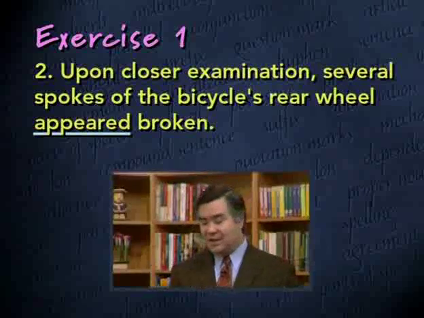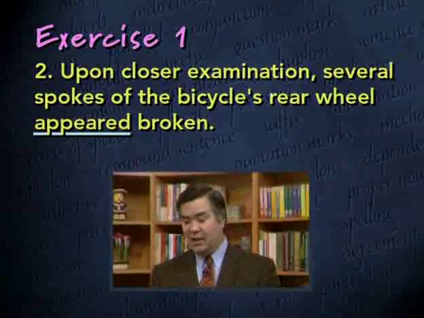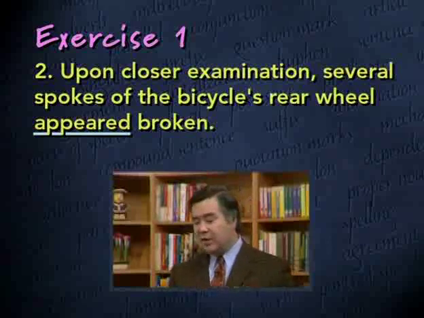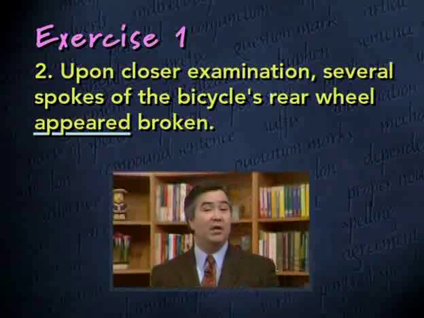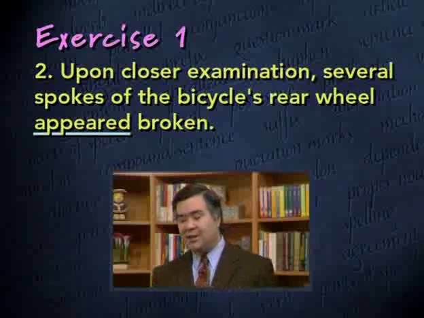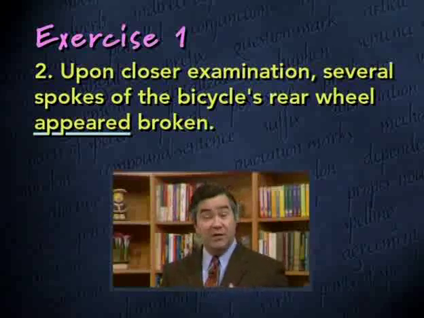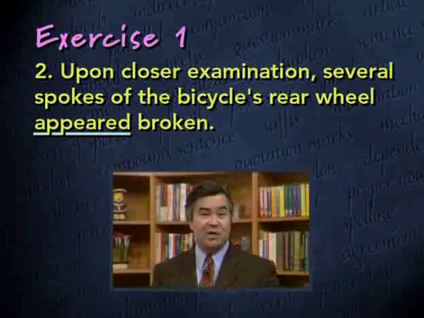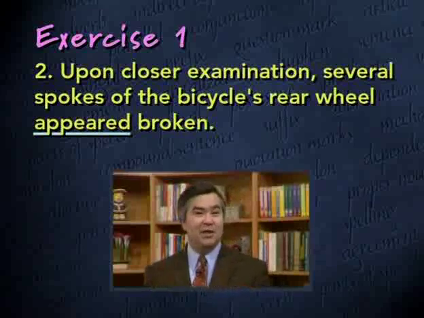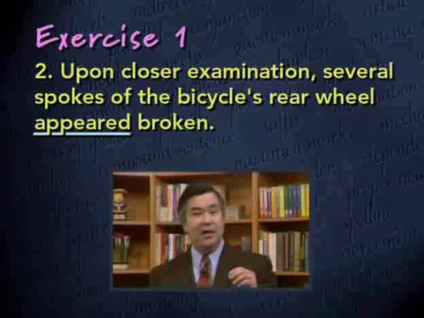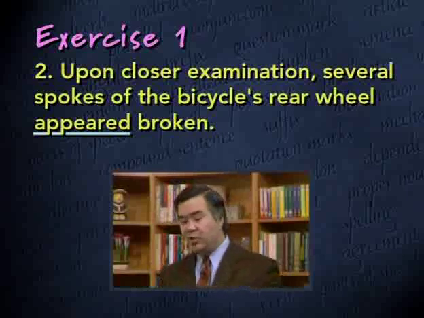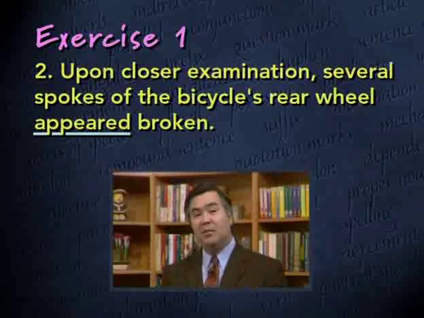It's the spokes that appeared broken. What kind of spokes? The spokes of the bicycle's rear wheel. So that prepositional phrase, of the bicycle's rear wheel, simply modifies or gives more information about the spokes. That's not where the actual subject of the verb appears. The subject is spokes. So the spokes appeared broken.